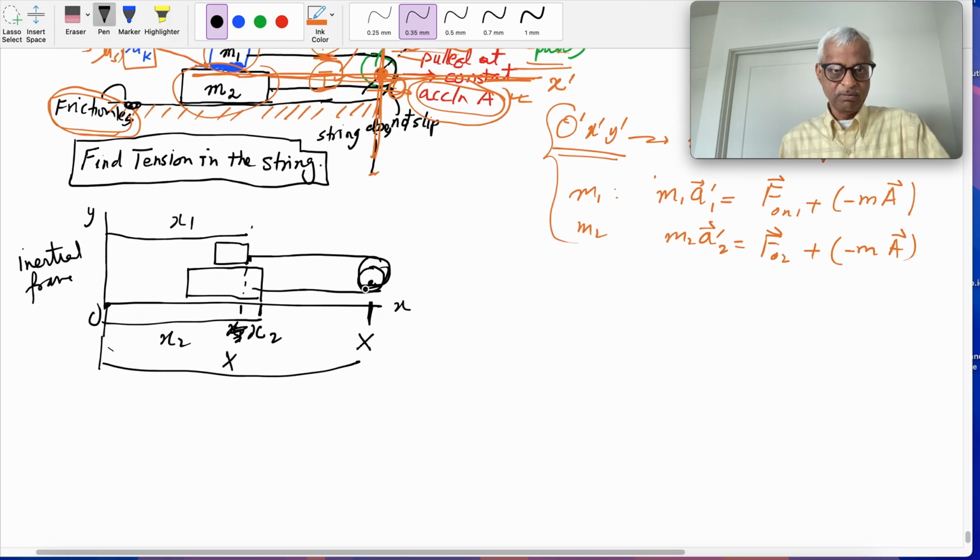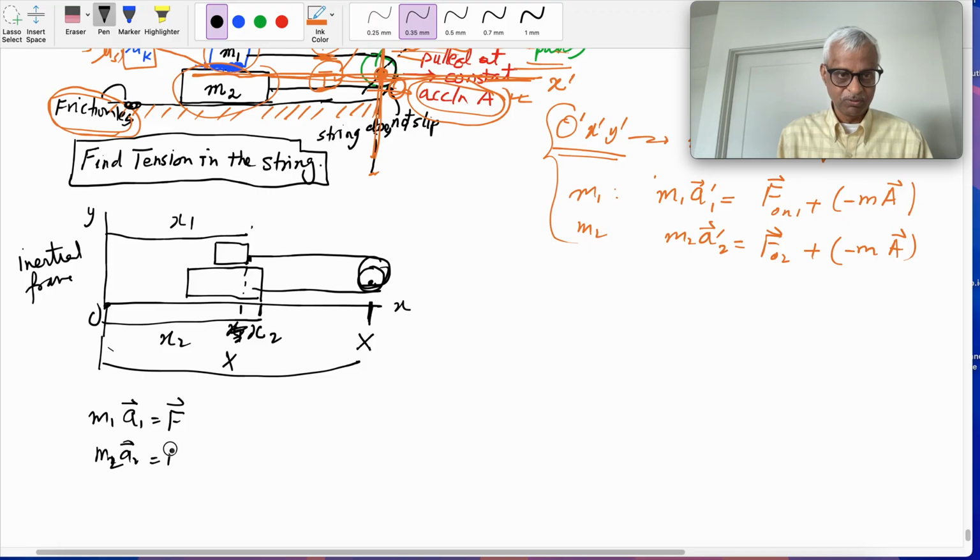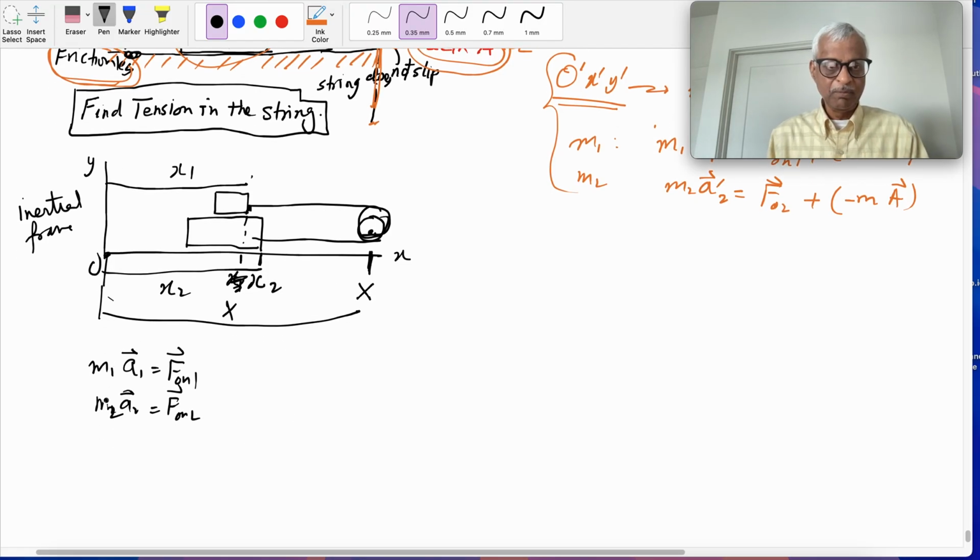Now here the equations will be M1 A1 equals F on 1, and M2 A2 equals F on 2. That's the equation of motion. They may not be independent because this string relates them, and X is the position of the pulley, with acceleration A along the X direction.